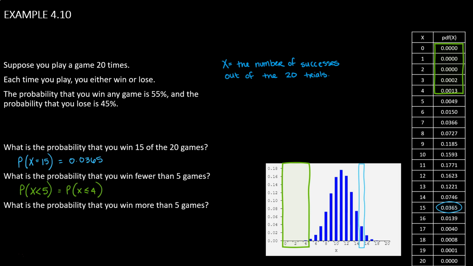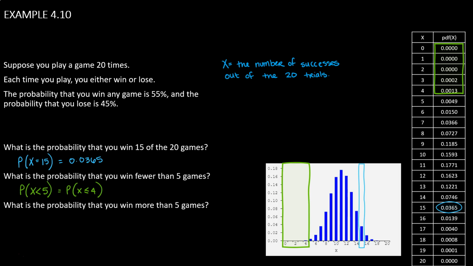That way it's clear that we're not including the probability of winning 5 games in this calculation. Since we're talking about a range of values for our variable, we're going to need to combine the probabilities for x equals 0 through x equals 4.